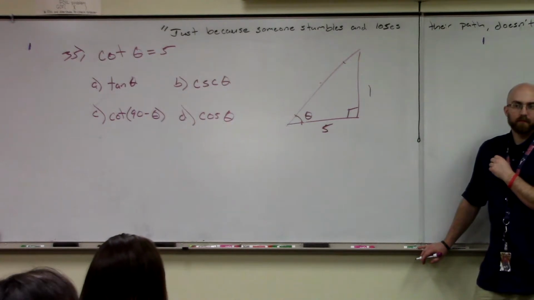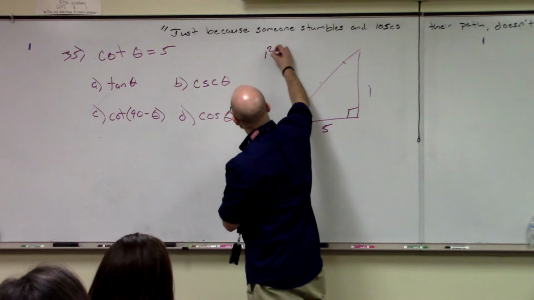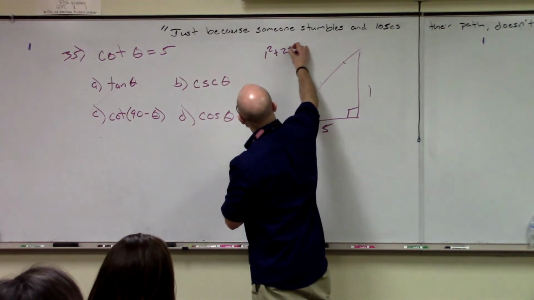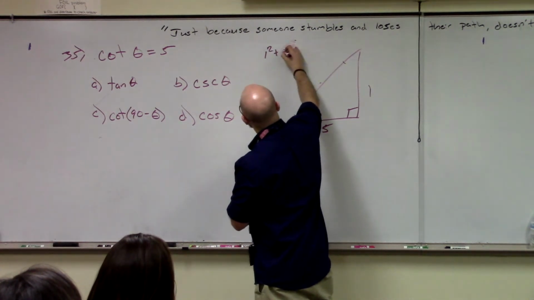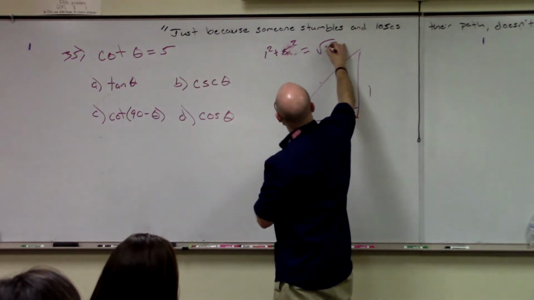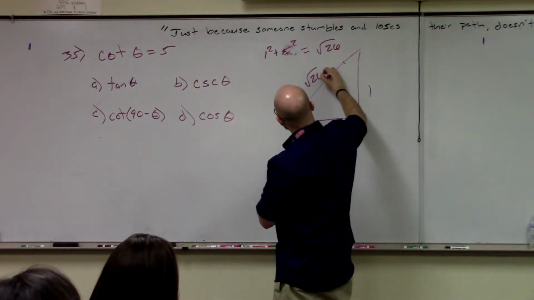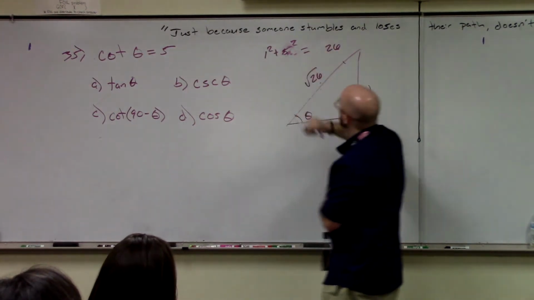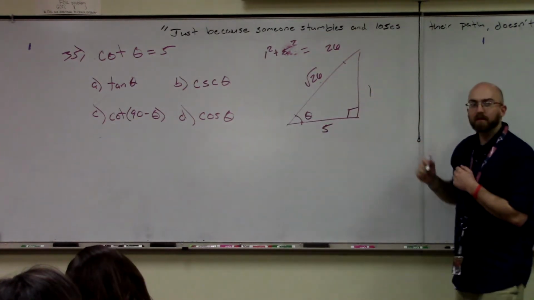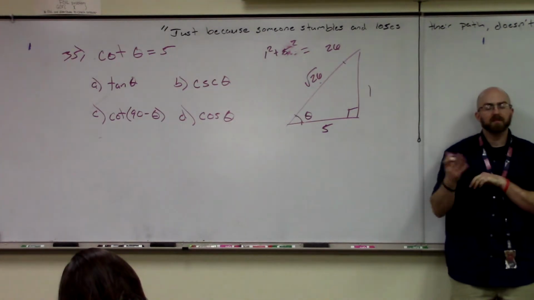If you use the Pythagorean theorem, you get 1 squared plus 25, or 5 squared, which is the square root of 26 overall. Okay, cotangent has what kind of ratio?